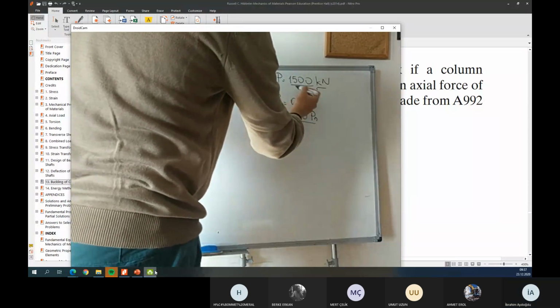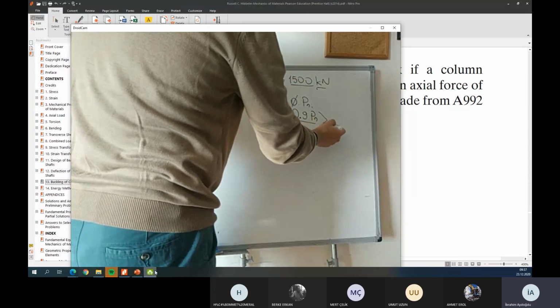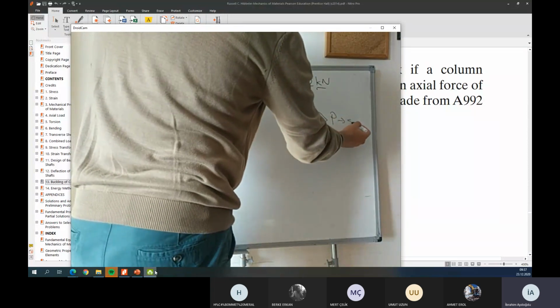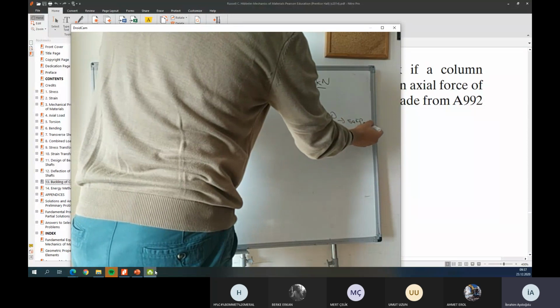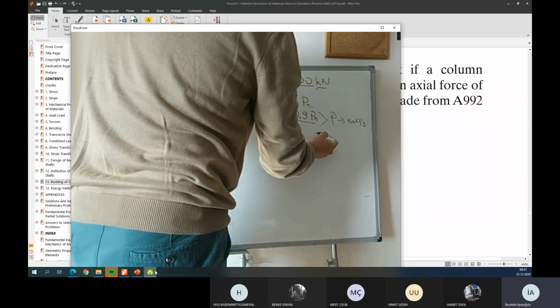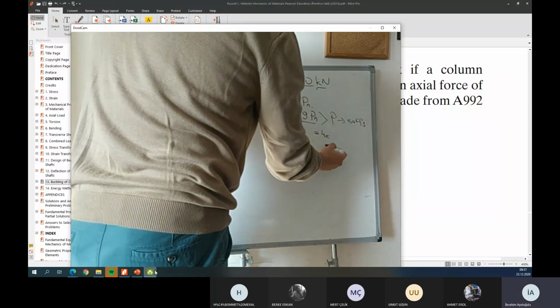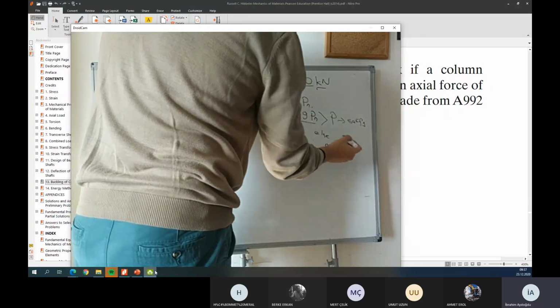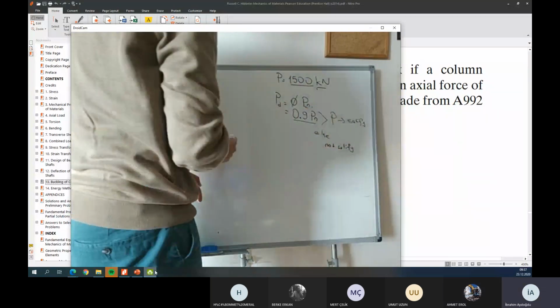If this value is greater than P, we say yes, it satisfies the criteria. Else, it is not satisfied. So we need to find the Pn value.